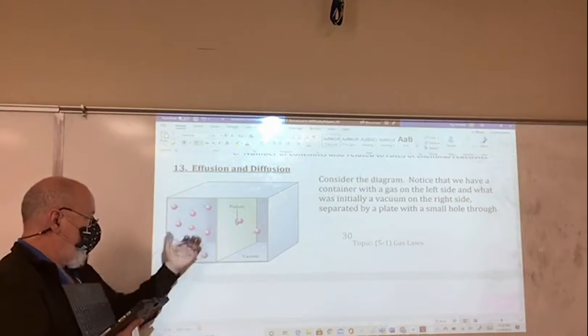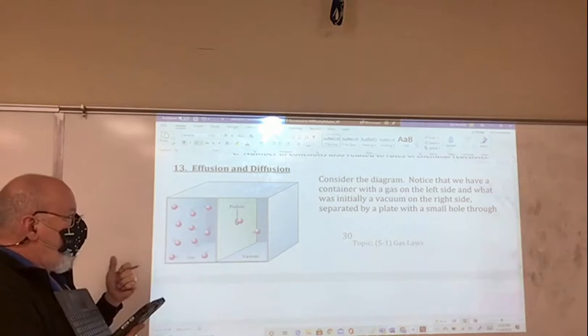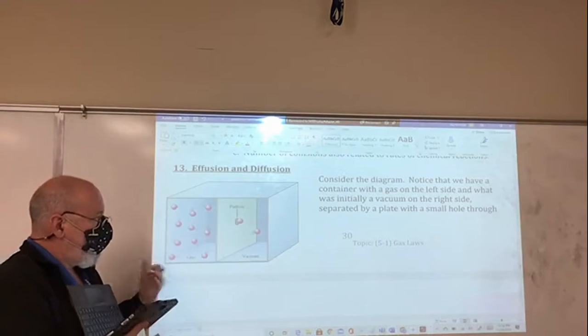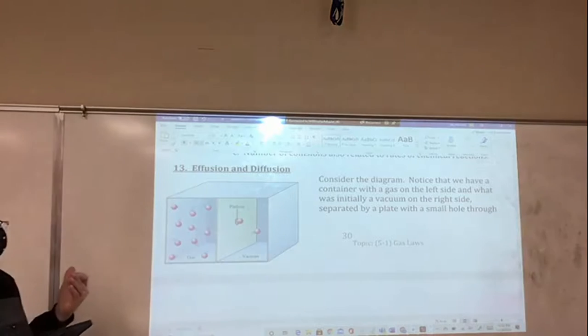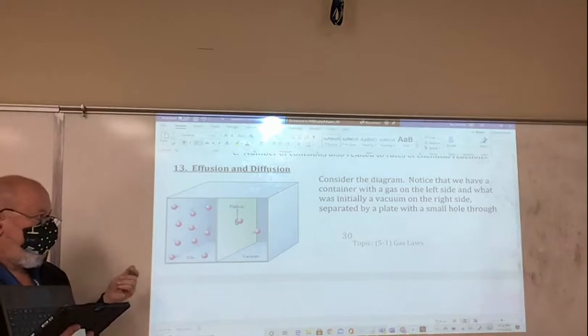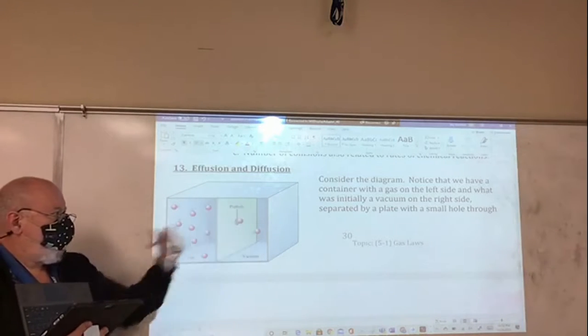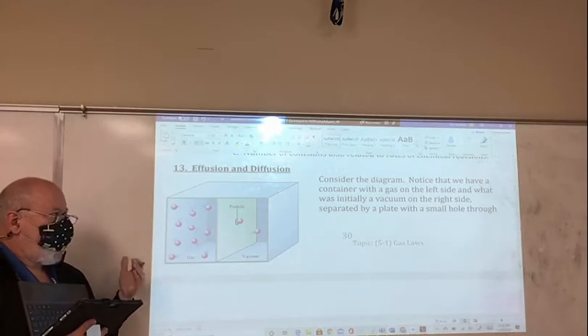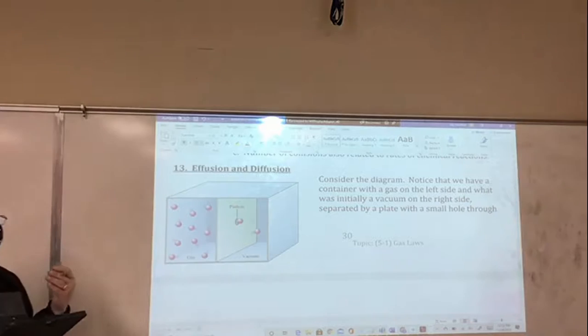Very small particles, obviously particles of gas. And recognize that a vacuum is simply the absence of particles of gas, right? We have no gas particles in a place with a vacuum, and that means that there's no pressure there, right?